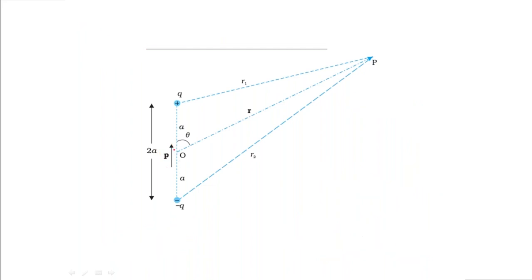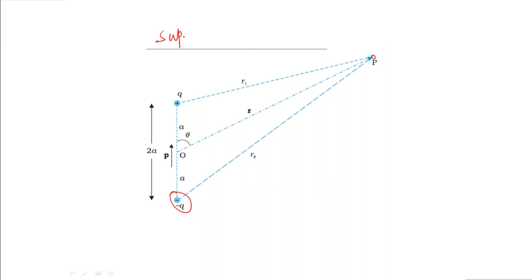So now look, this dipole has two point charges. I consider this dipole as having two equal and opposite point charges, and I have drawn the distances here. I have to calculate the potential at this point due to the positive charge, and at the same time the potential due to this negative charge also. I have told you that potential follows the superposition principle.